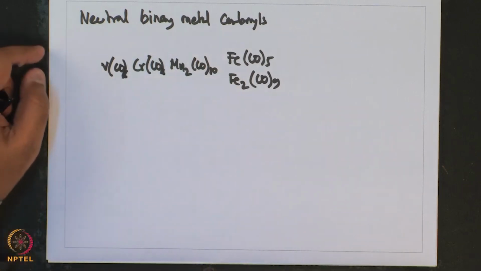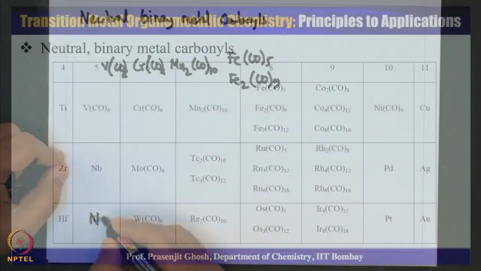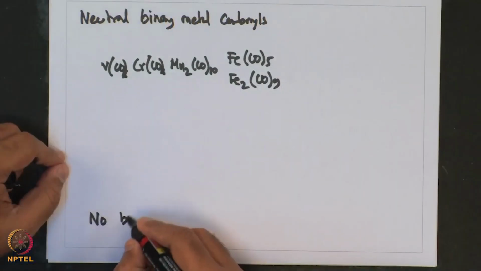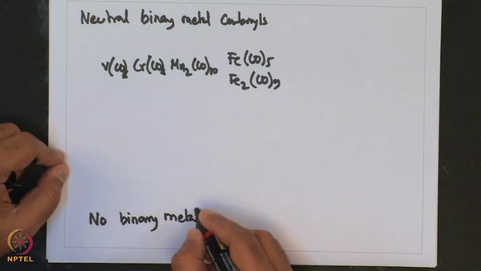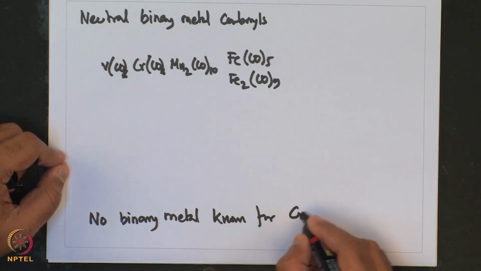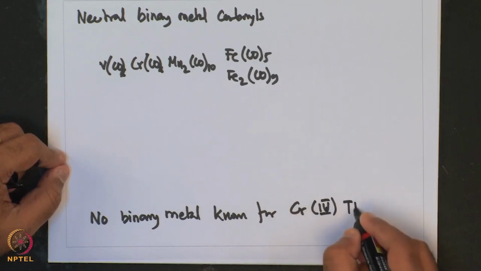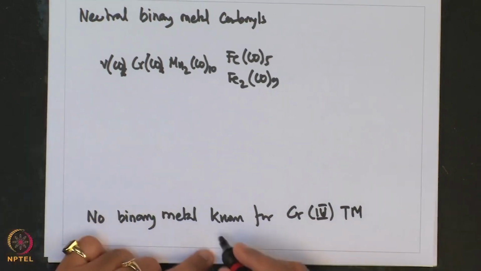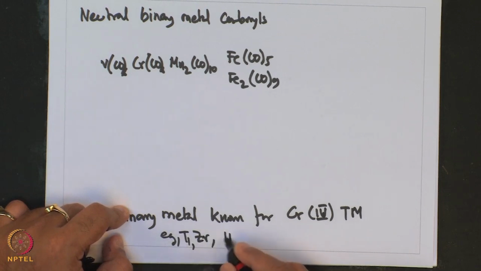Now, one must note that no binary metal carbonyls are known for group 4 transition metals, for example, titanium, zirconium, and hafnium.